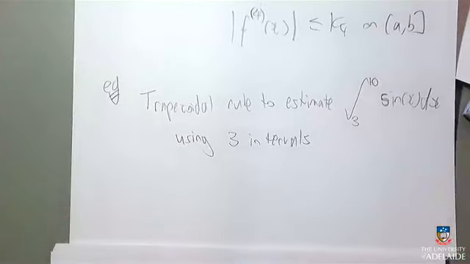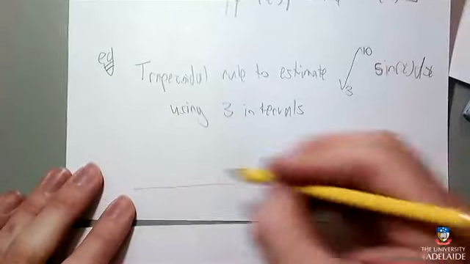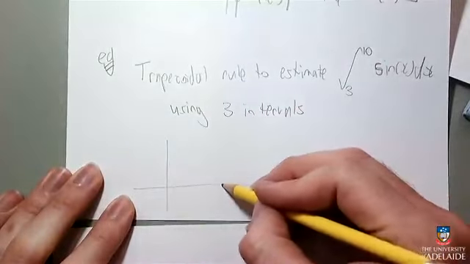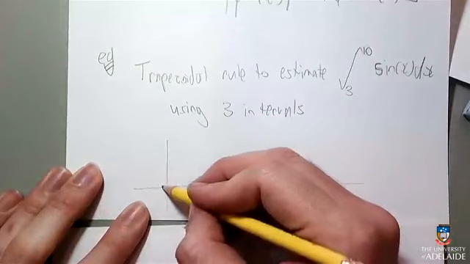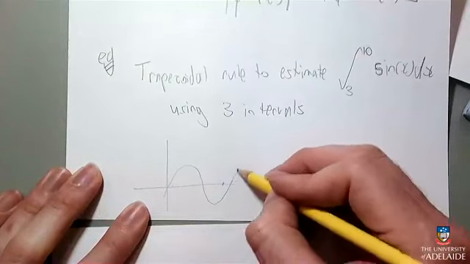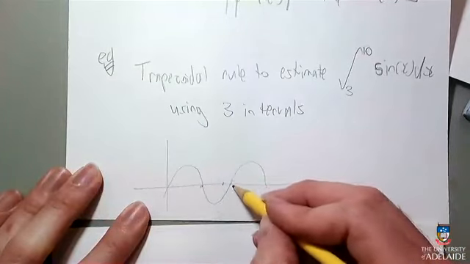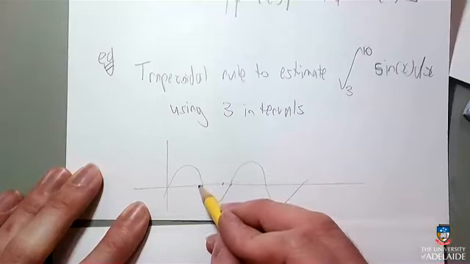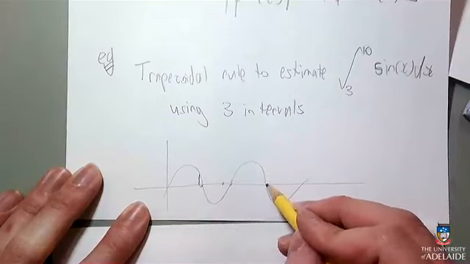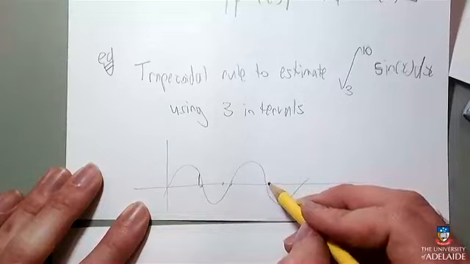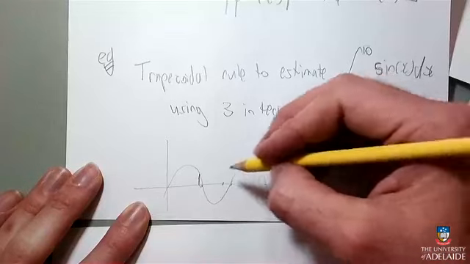So from 3 to 10, that's sort of like from merely pi up to merely 3 pi. 10 is quite close to 3 pi actually.